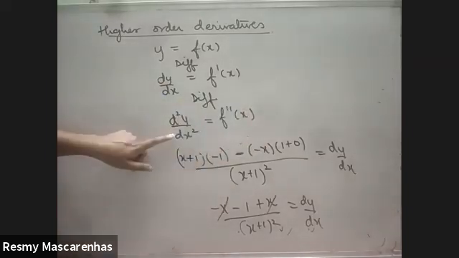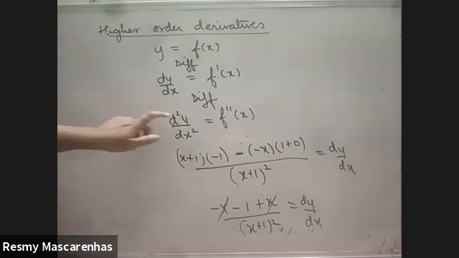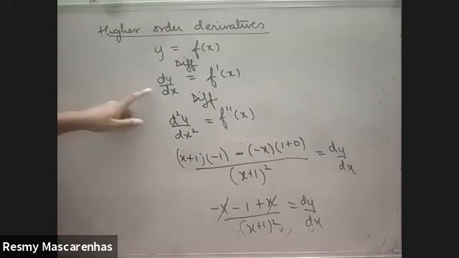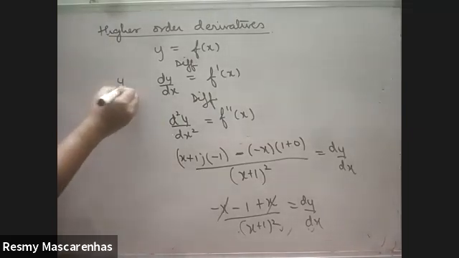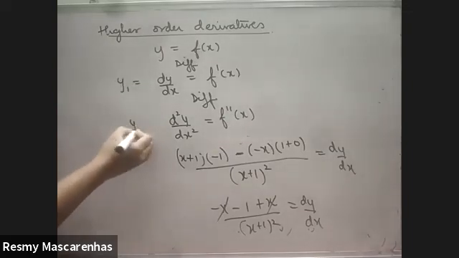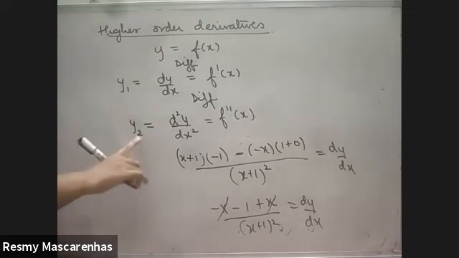so up till second order we have. Higher order means 2 times we'll have to differentiate. There is no way you will find this with cube and all. 3 times, that's only for maybe 1 mark questions and all. But other than that, big problems you will have only till second. So this is also called as y1 sometimes, and this is also known as y2.